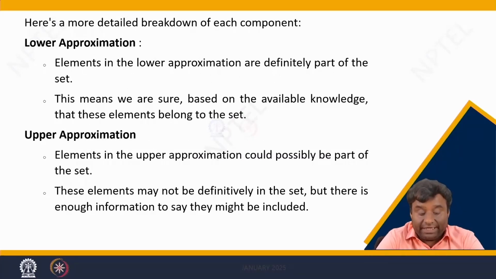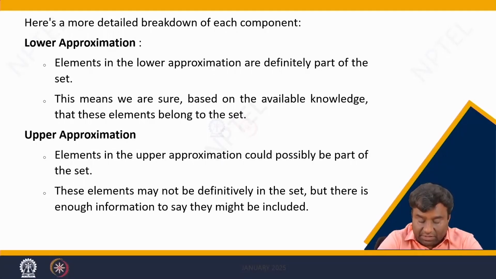Here is a more detailed breakdown of each component. Lower approximation: the elements in the lower approximation are definitely part of the set. This means we are sure, based on the available knowledge, that these elements belong to the set. Upper approximation: the elements in the upper approximation could possibly be part of the set.